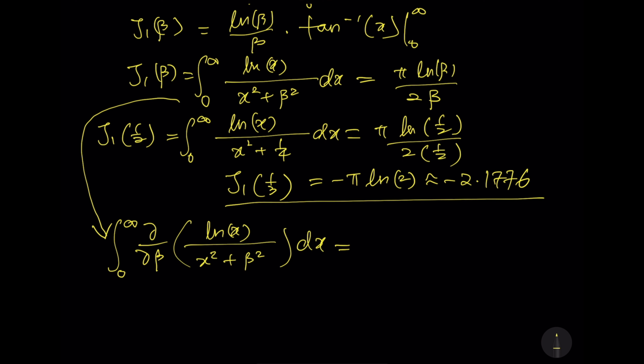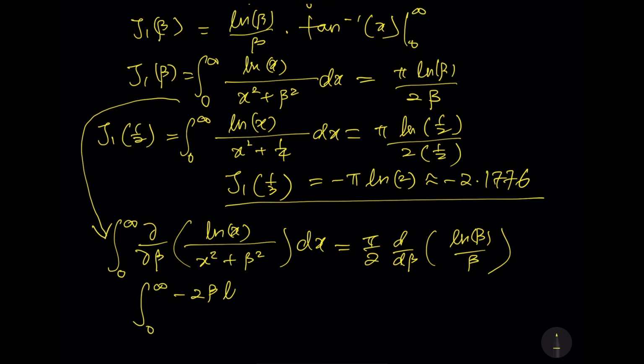For the left hand side, we have to use the partial derivative symbol because there are two variables, x and beta. Left hand side becomes the integral 0 to infinity of negative 2 beta natural log x divided by x squared plus beta squared, and then the whole thing to the power 2. Don't forget the dx.